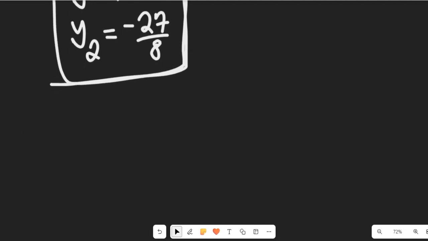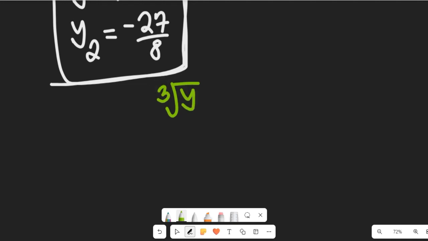For the value of y equal to 1, the expression given to us is the cube root of y plus 2 multiplied by the cube root of y squared. Is it equal to 3?